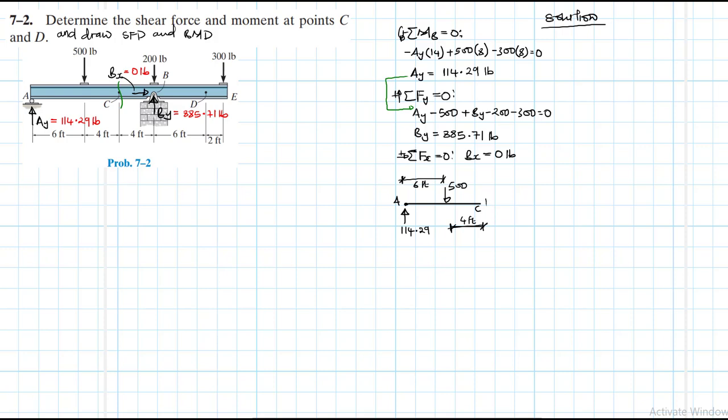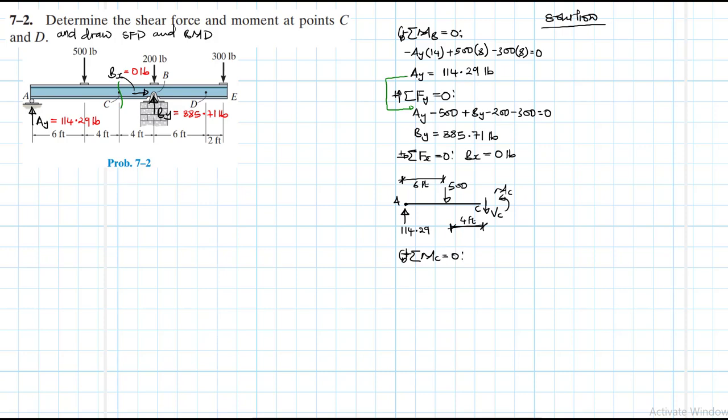So at this section we expect a VC, MC, and NC. But we know NC already is 0, so there's no need. Let's just get rid of it. So let's apply the equations of equilibrium. Summation of moments about point C equal to 0.